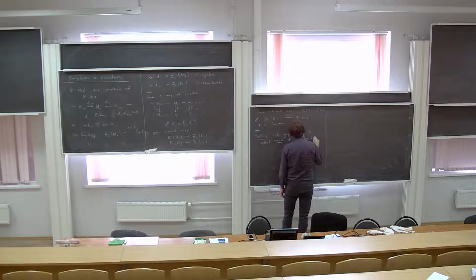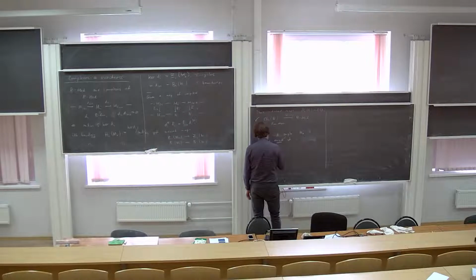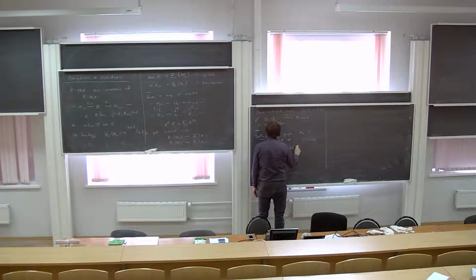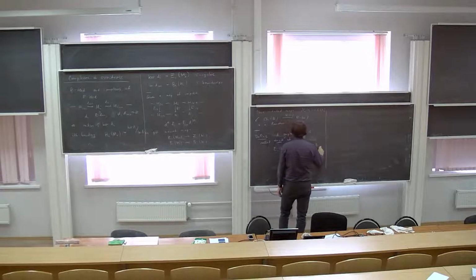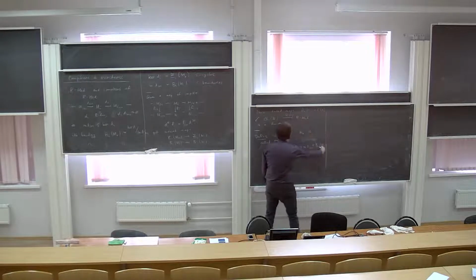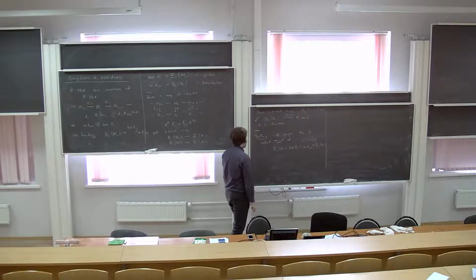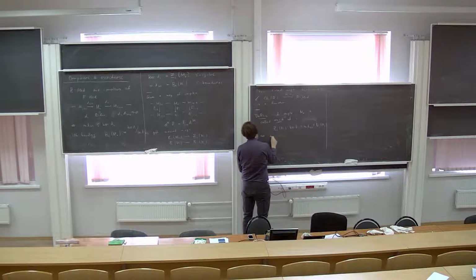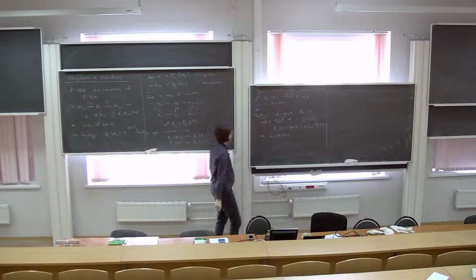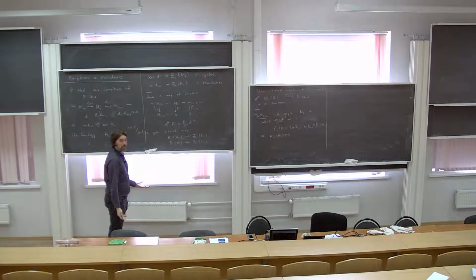So the cycles, which by definition is the kernel, I know that that contains the image, the boundaries. So I always have this inclusion. If this is an equality, we call it exact at i. And this happens if and only if the ith homology is 0. Okay, so that may or may not happen. It depends on the complex.